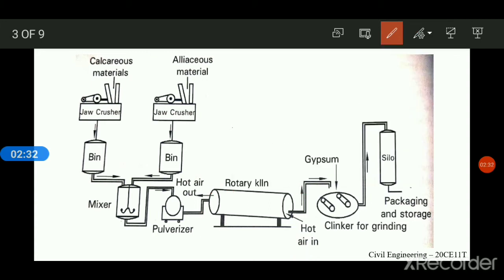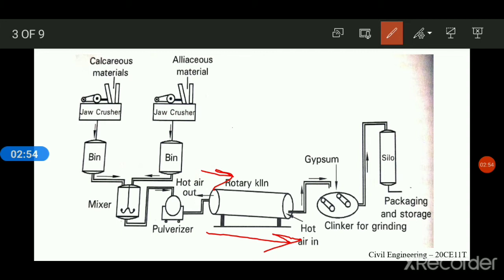Due to the inclined position and the slow rotation of the kiln, the material charged from the upper end will move towards the lower end, that is the hottest zone, at a speed of 15 meters per hour.